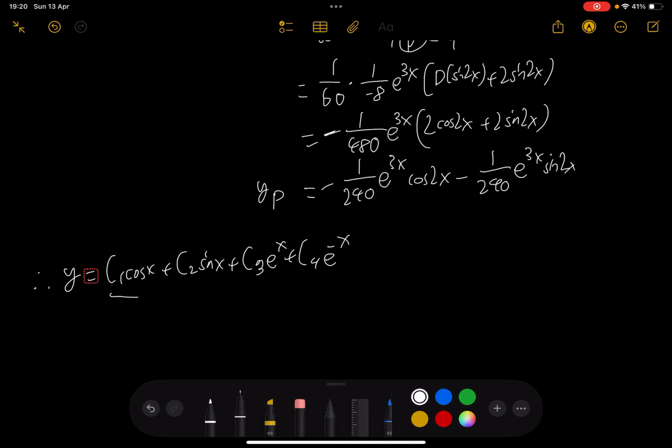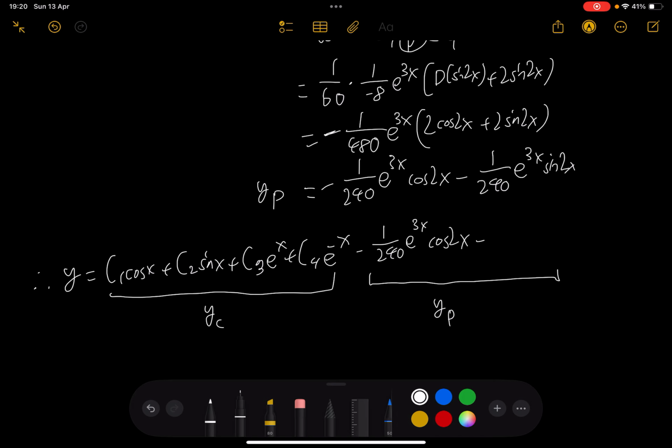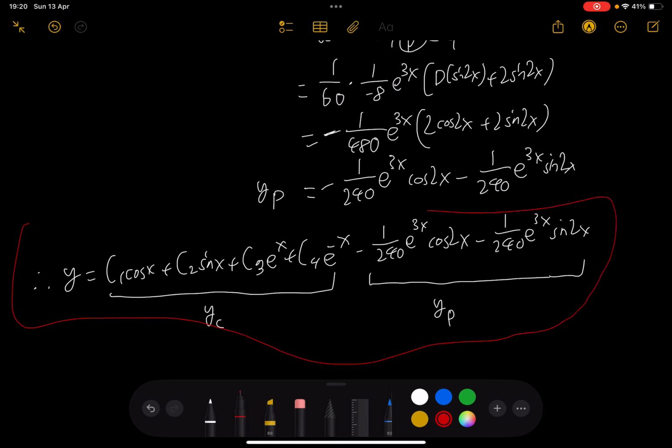This is our homogeneous part, which we can write as y_c, the complementary part, and then plus the particular part, which is negative 1 over 240 e to the power of 3x times cosine 2x minus 1 over 240 e to the power of 3x sine 2x. Thus, this is our solution.